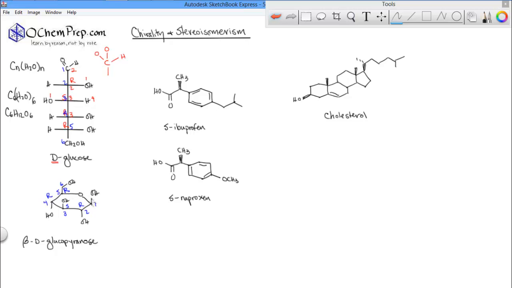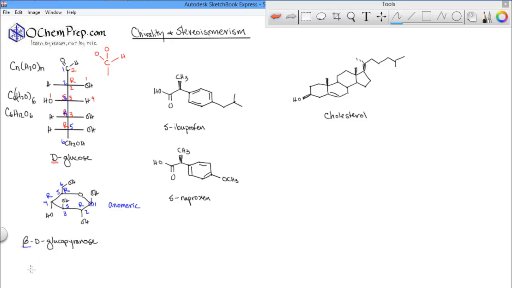Now this carbon right here, this one comes from number 1. It's called the anomeric carbon, and it can either go up or down. I like to think of it as going same side, it's the same side as the D, or opposite side. So if it's the same side as the CH2OH, then it's beta.